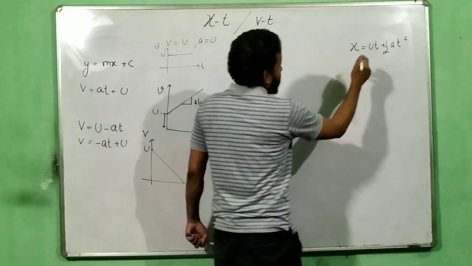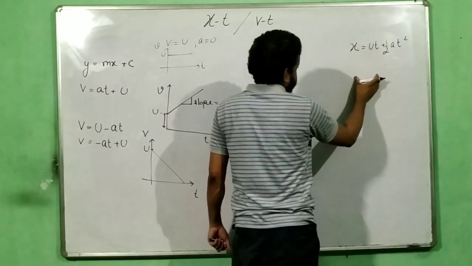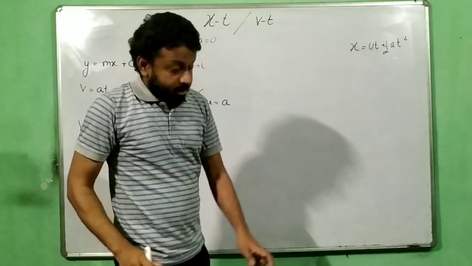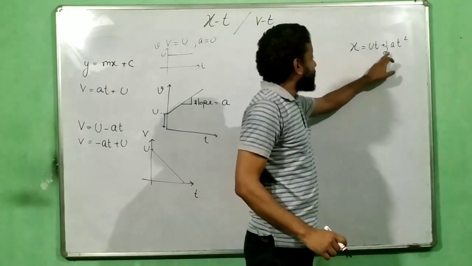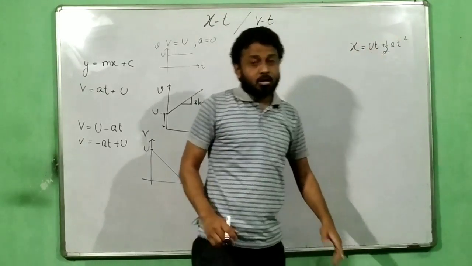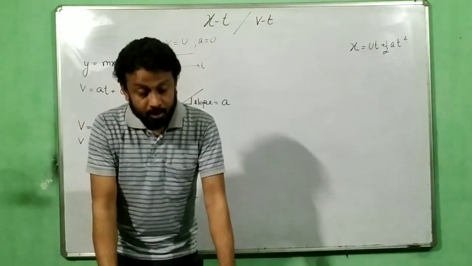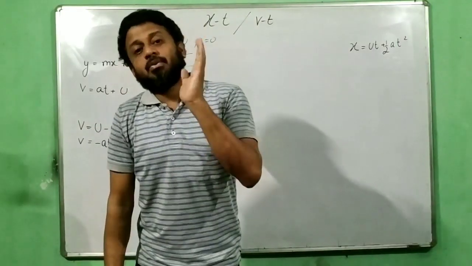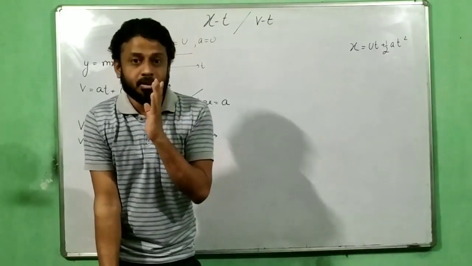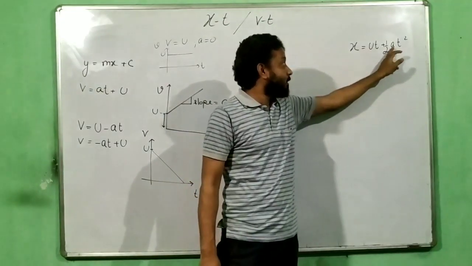This is the equation which we know, correct? It has acceleration: ut plus half at square. That means it's a quadratic equation. A quadratic equation graph is always in the shape of a parabola. Those who are not familiar with the word parabola, at least think that it is a curved graph. The graph will not be a straight line if your acceleration term exists.